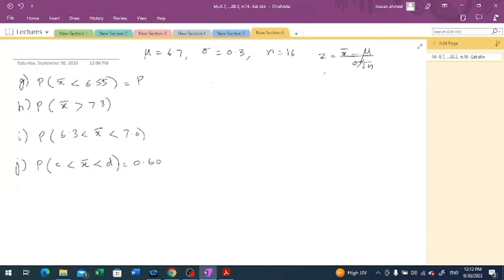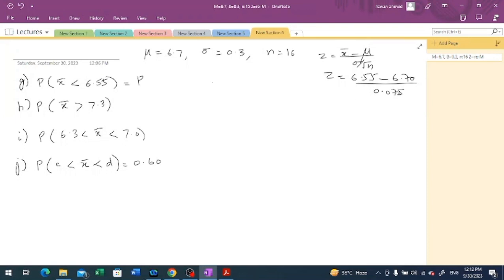Then 6.55 minus 6.7 divided by 0.3 divided by the square root of n, which we have worked out already as 0.075.